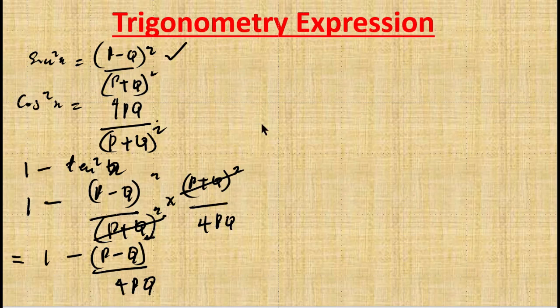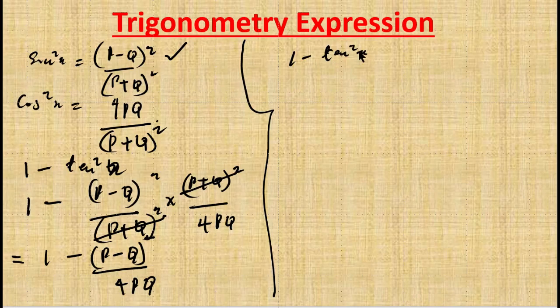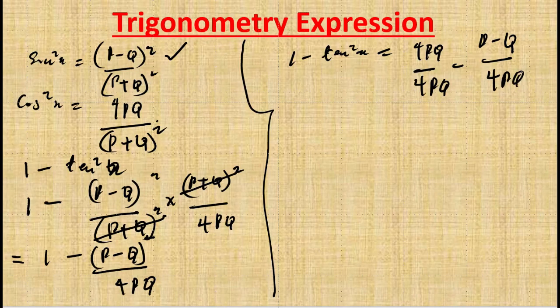Now I can take an LCM so that my 1 minus tan squared x will be the same thing as 4pq over 4pq, minus (p minus q) all squared over 4pq.